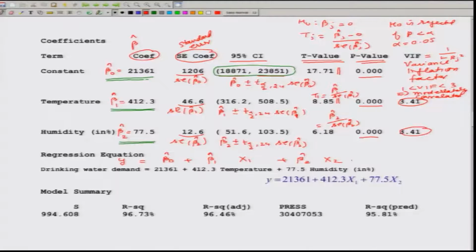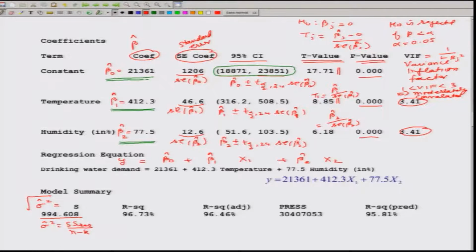Now, after this we have some more model summary. This value here, S, is nothing but the square root of sigma square hat, and sigma square hat was obtained by SS residual divided by degrees of freedom, n minus k.